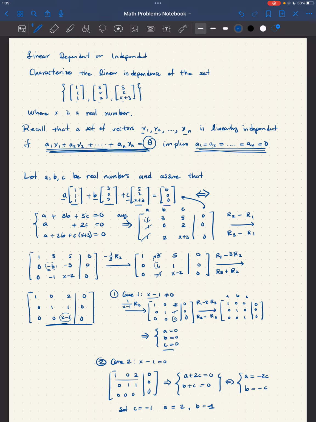Namely, the set of vectors that we have is linearly dependent. But that depends only on the value of x. In other words, the set is linearly independent if and only if x is different from 1.